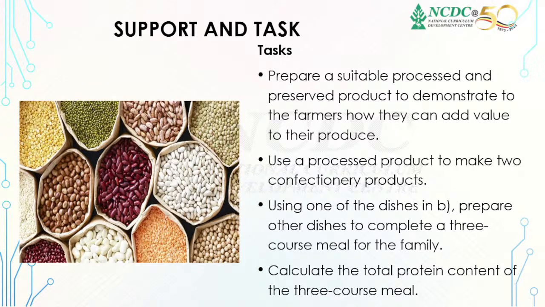If their product in part A has not come up well, they are free to use any other soya product in the preparation of the confectionery, so that in case it didn't come out in part A, at least they have a fair product that they can use.